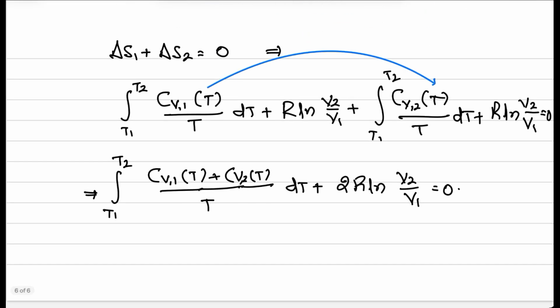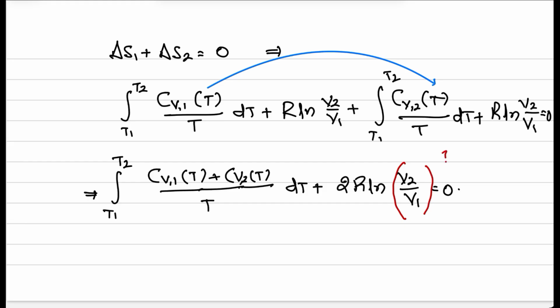From this, we can get an idea that we will get the value of V2 by V1. This is what is required for us. This is the controlling equation.